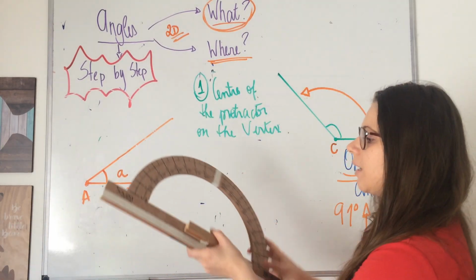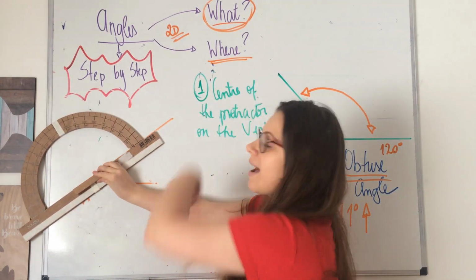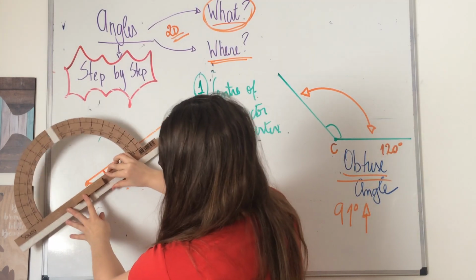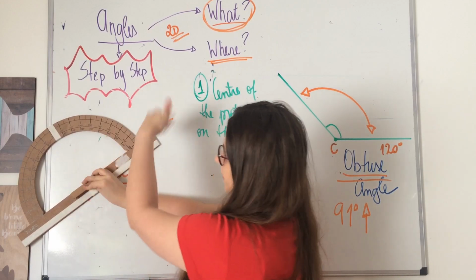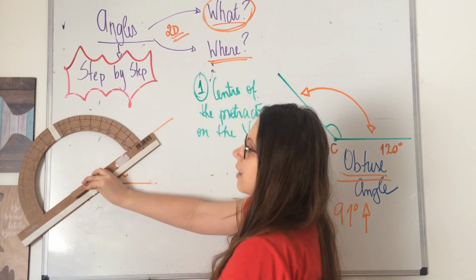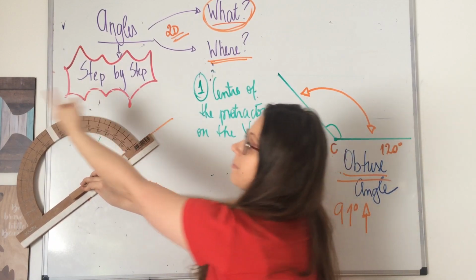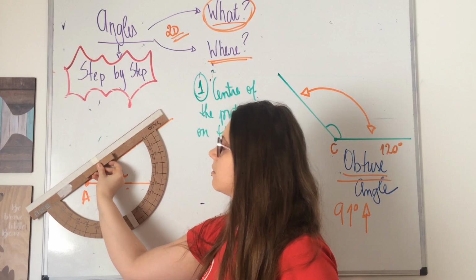And be careful. It's common that we measure outside the angle. My center is on the vertex, my protractor is on the baseline, my baseline is on the arm, but I am outside of the angle. The angle is here, but I am measuring outside. Make sure you are always measuring inside.